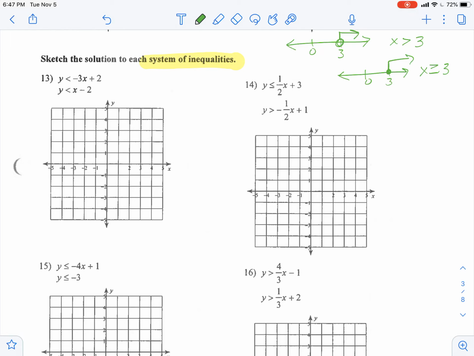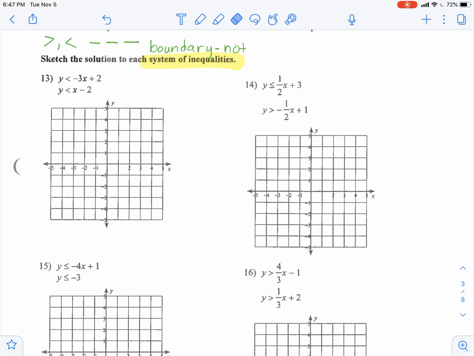And so what we need to remember for lines is that if it is greater than or less than, we need to put a dotted line. Because that dotted line, or the line that we draw, is called the boundary. And what that means is that the boundary is not included. In other words, any point on that boundary line is not included in your answer.